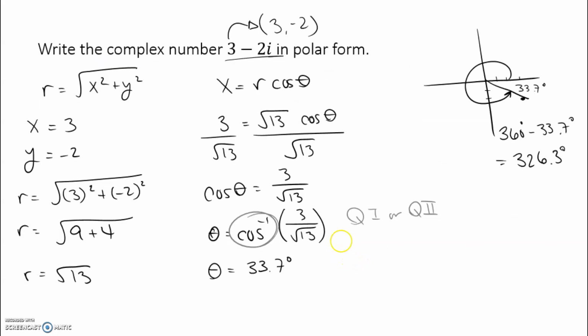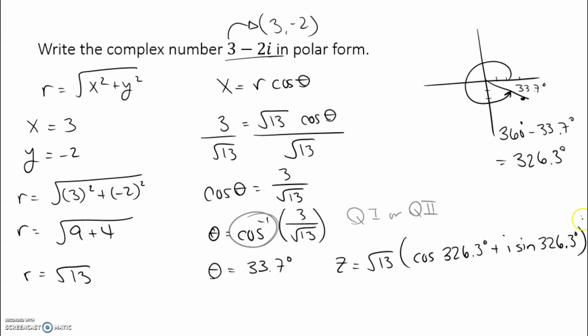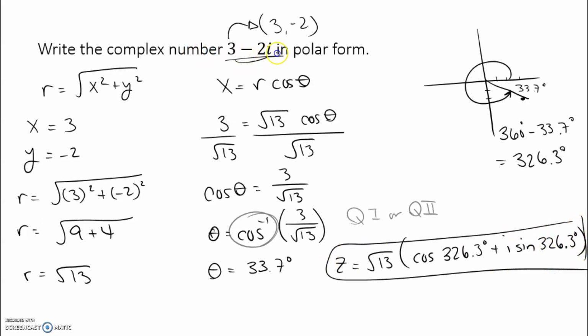Okay, so z is equal to our r, which is the square root of 13, or the modulus, cosine of 326.3 plus i sine of that same number, 326.3 degrees. And this right here would be the polar form of this complex number.